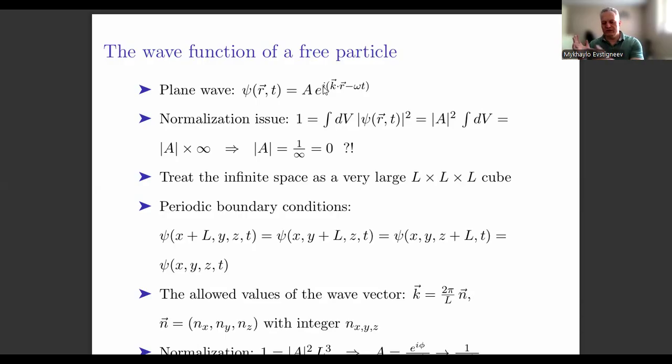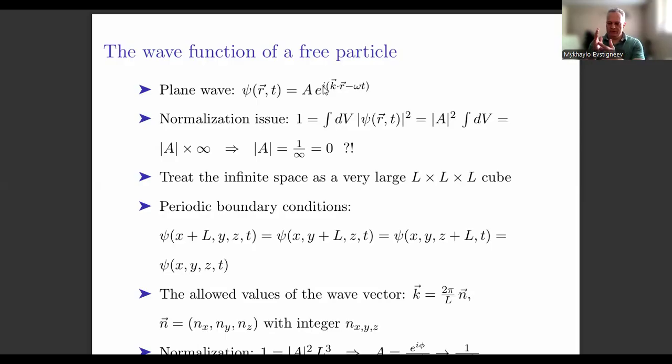What happens when the wave function of the electron reaches the boundary of the cube? What happens at the boundaries? And two things may happen. Either the wave function can be reflected by the boundary, or it can periodically repeat itself.